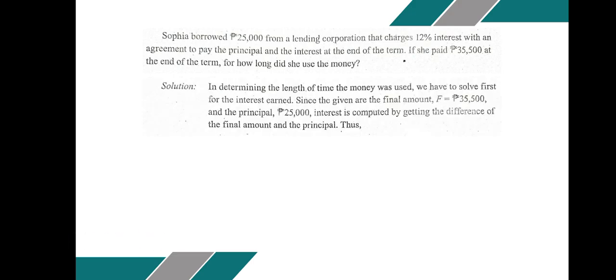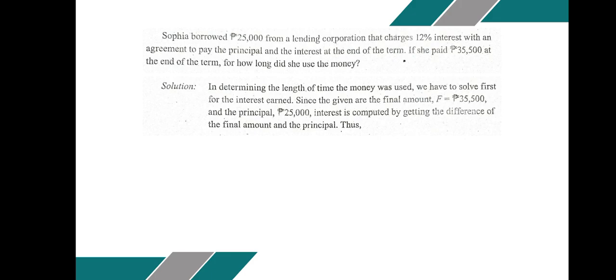So, in determining the length of time the money was used, we have to solve first for the interest earned. Since the given are the final amount, which is 35,500 pesos, and meron ding principal amount, which is 25,000 pesos, so yung interest is computed by getting the difference of the final amount and the principal.